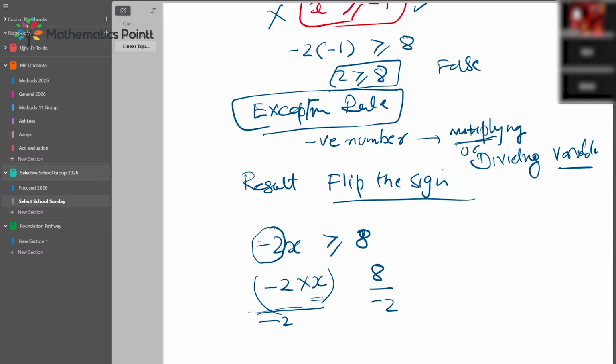You need to change the sign. It's only when you're multiplying or dividing. So finally, what you will get is x is less than or equal to negative.